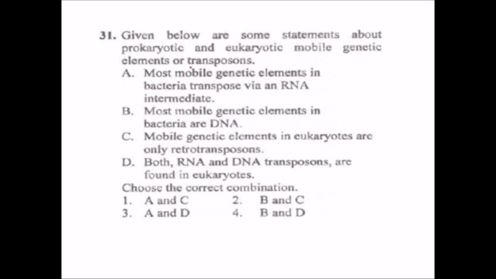We know that in the case of bacteria, which don't have RNA, basically DNA is the genetic material. And the next point is that in eukaryotes, both RNA and DNA are found and both can act as transposons. So the answer will be B and D, and as per this the answer will be number 4.